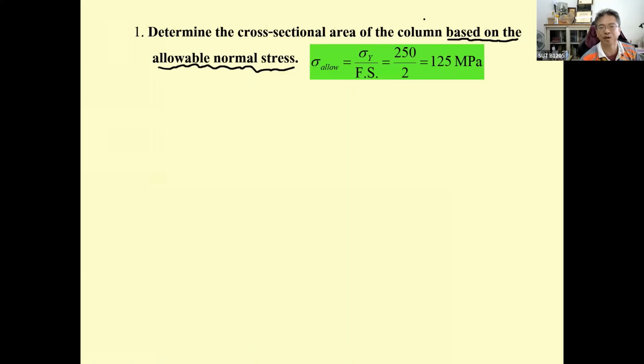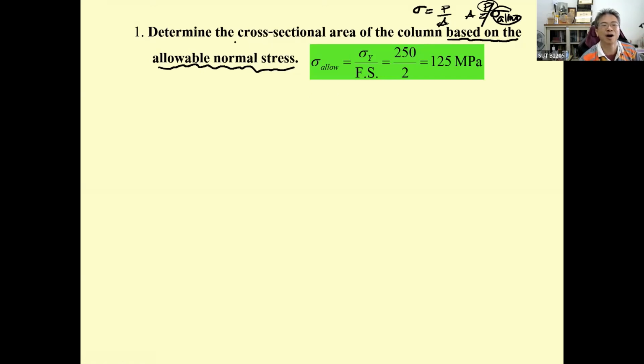So we're going to have sigma equal to P over A. So A is going to be P divided by sigma allow, and P must be P max because the sigma allow is going to be the same.